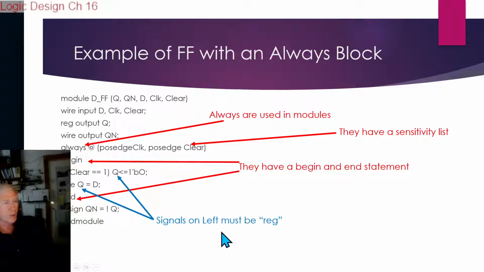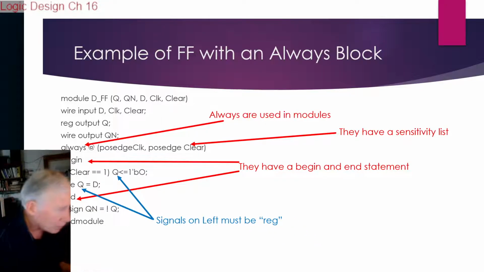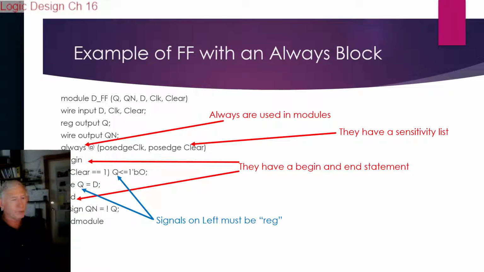One of those constraints is when we use them for combinational logic, we have to define these signals on the left as registers, but the synthesizer knows that we don't intend this always block to be sequential logic, and so if you don't make a mistake, it will convert it all to combinational logic, and the signals which you defined as registers will not actually be made as registers. Otherwise, that would mess up using it for that purpose. Okay, but here we're using it for the intended purpose. Again, this is actually going to result in a sequential device, a flip-flop.